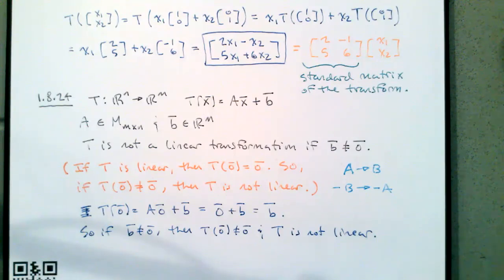One thing that we should note here is that we can use this T of 0 equals 0 business to show that something is not linear. We can't use it to show something is linear. Just because T of 0 equals 0 does not mean that T is linear. This is very similar to when we talked about convergence way back in Calc 2. In a series, if the limit of the terms is not 0, then the series diverges.